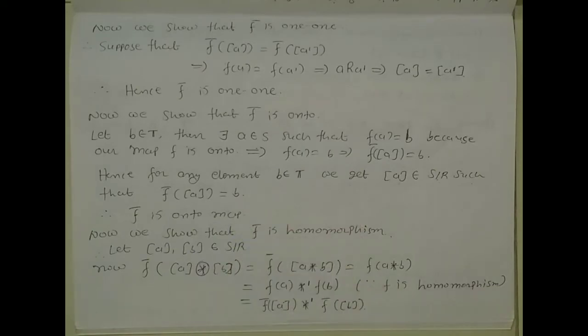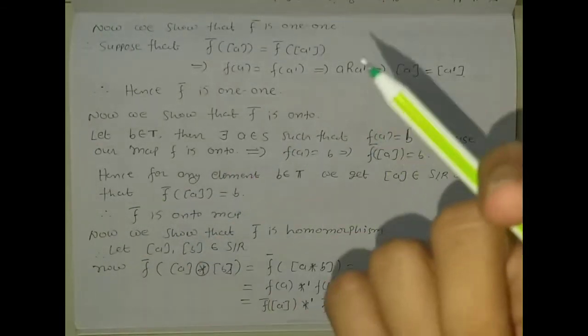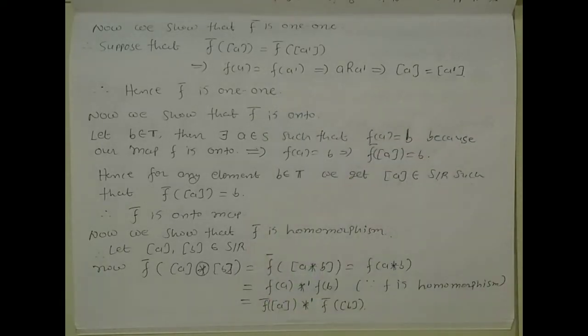What we have shown: F bar is well defined, F bar is 1 1, F bar is onto. Now only one thing remaining, that is F bar is a homomorphism.